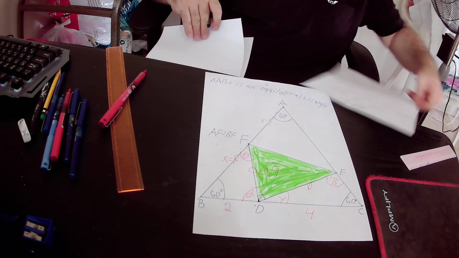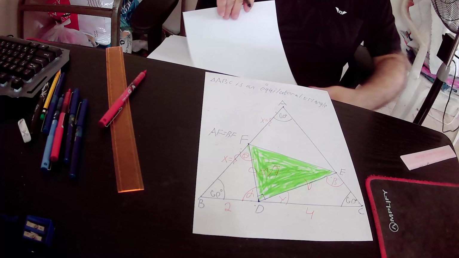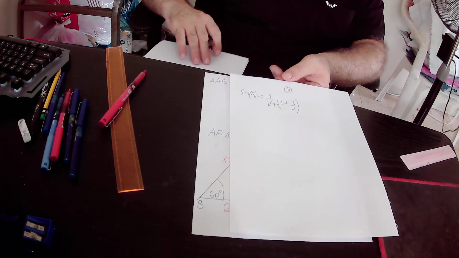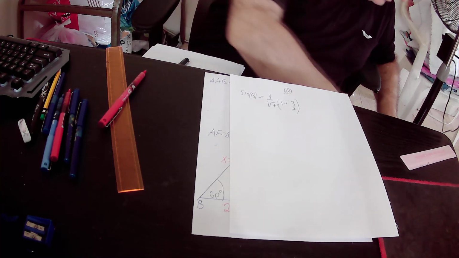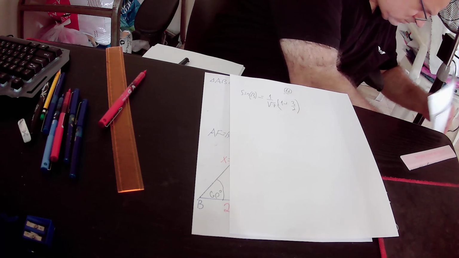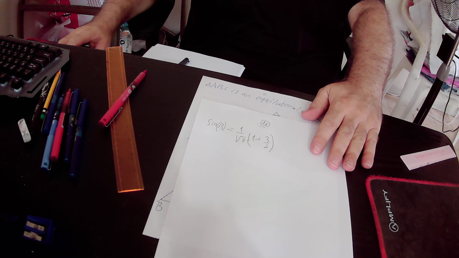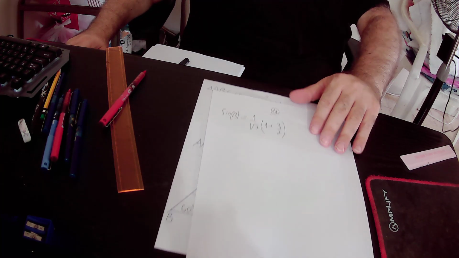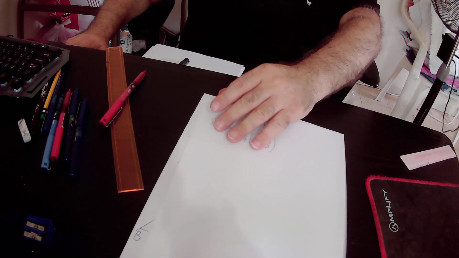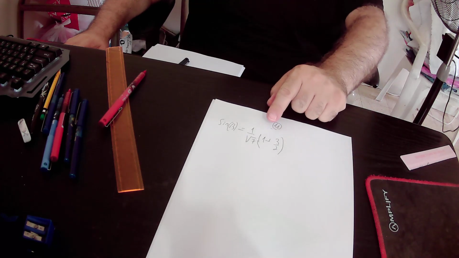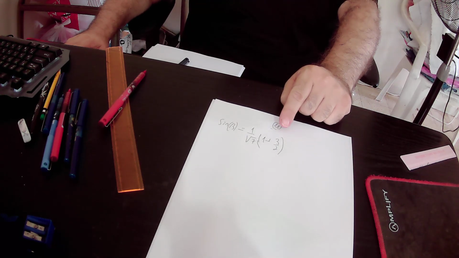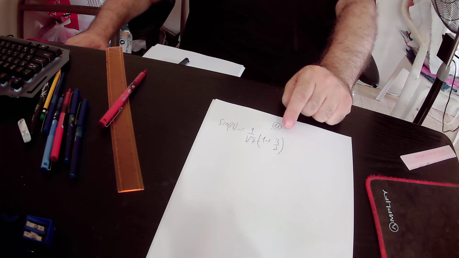So we got that sine beta equals 1 over root 7 times 1 plus 3 over 2. 1 plus 3 over 2 is 2.5, and 2.5 is 5 over 2.